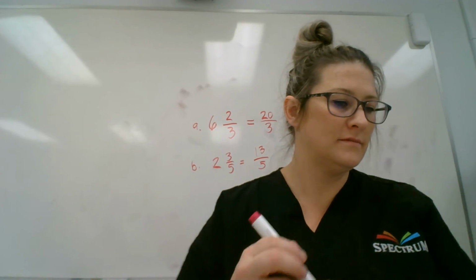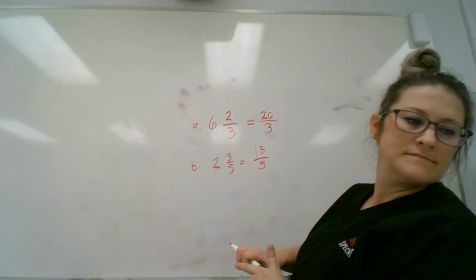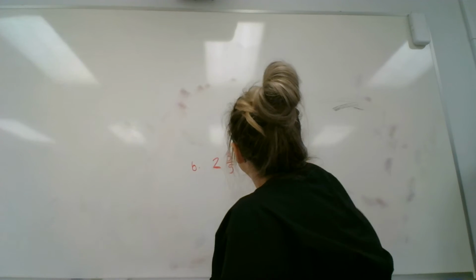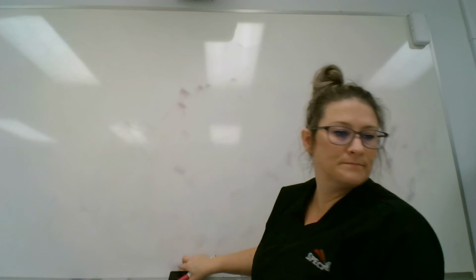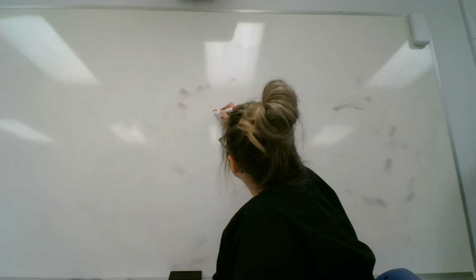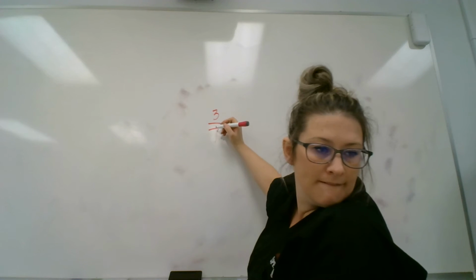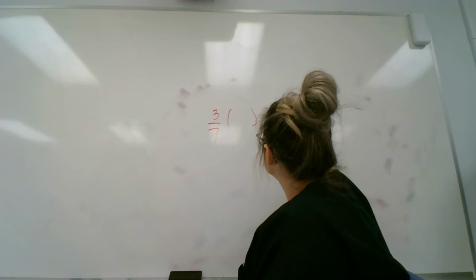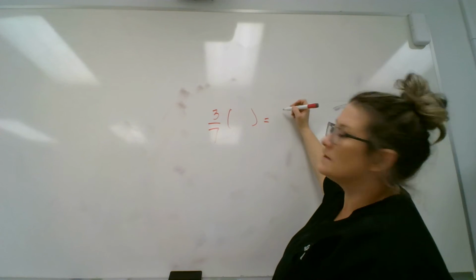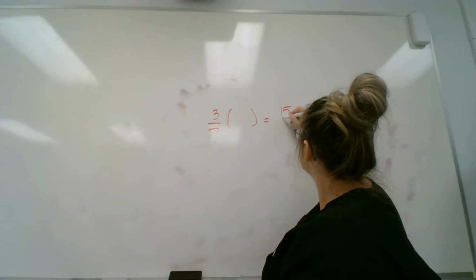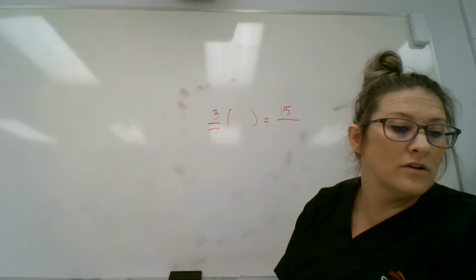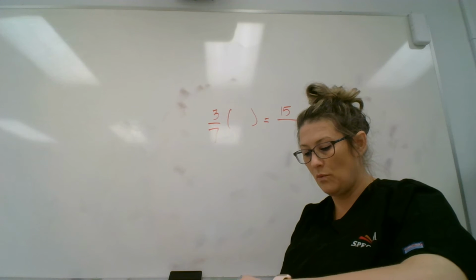Problem A looks like this. 3 over 7, parentheses, is equal to 15 over blank. All right, so I know that all of these fractions equal 1.